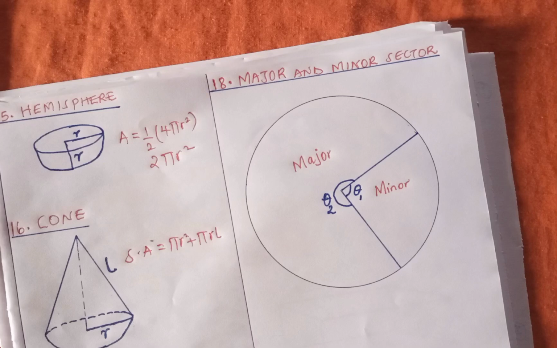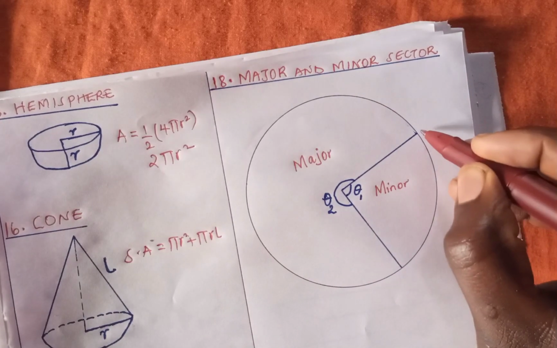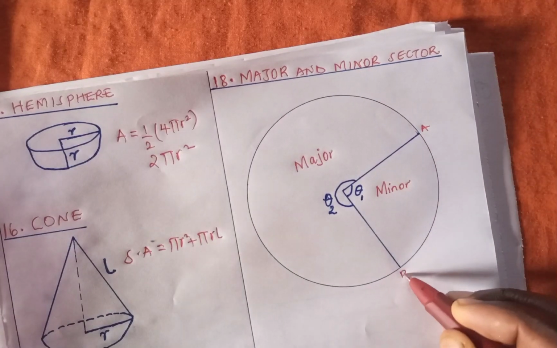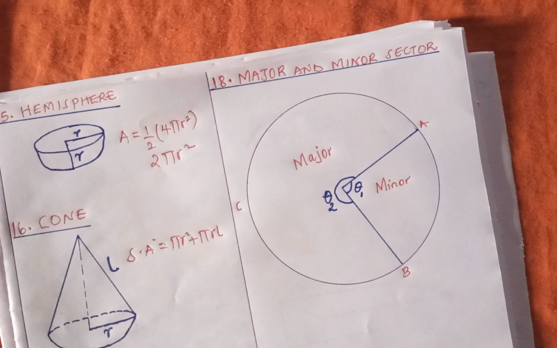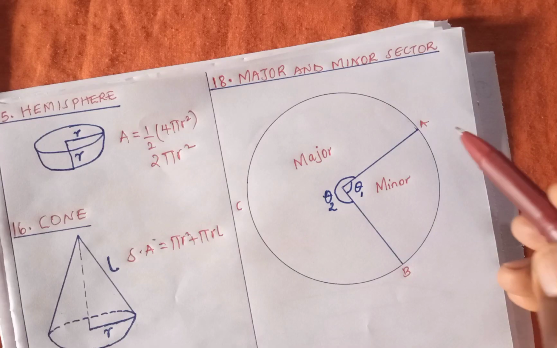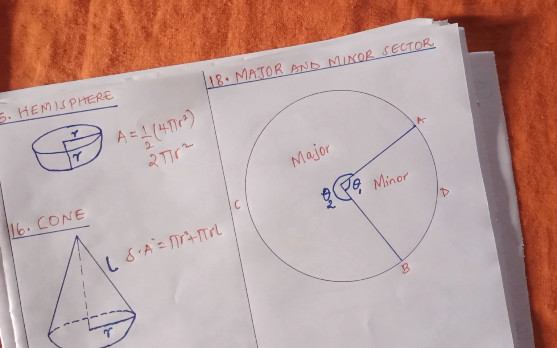Let me use letters and say this is A, this is B, and this is C. From A, B, C, that one is called a major segment. And from ABD, this is a minor segment.